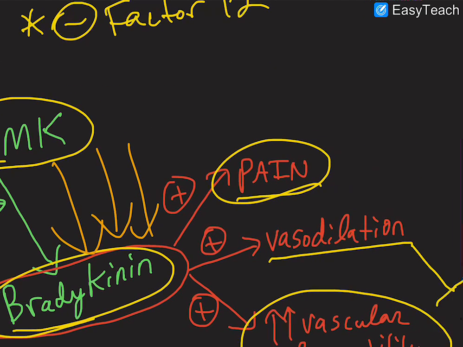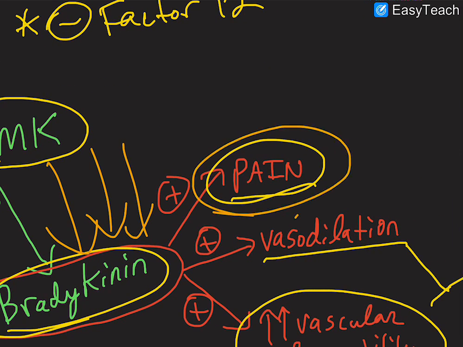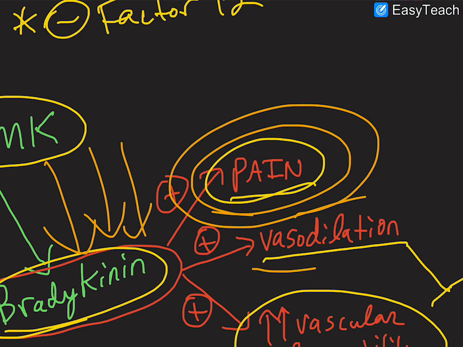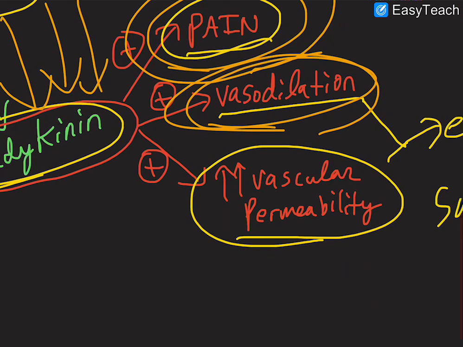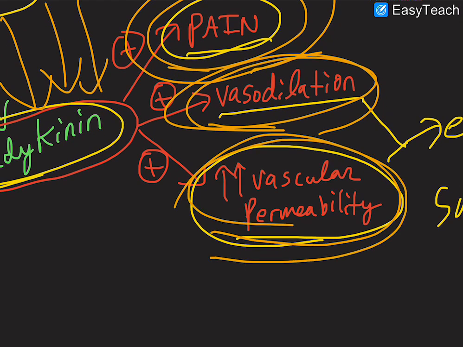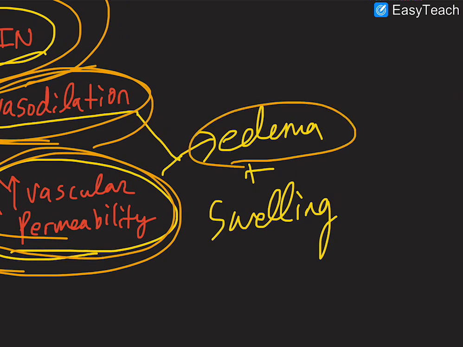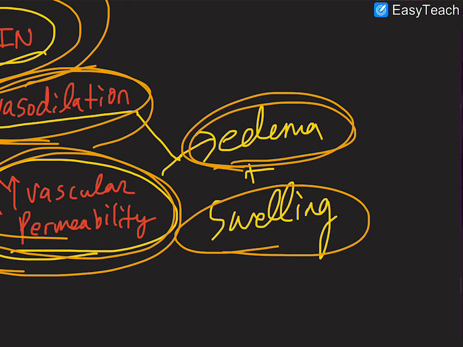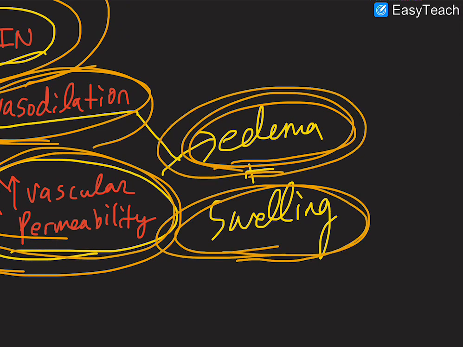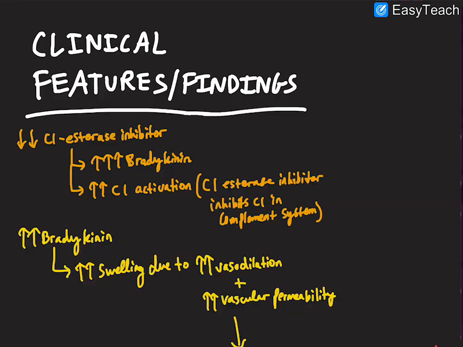That means much more pain, much more vasodilation, and much more vascular permeability, leading to much more swelling and much more edema. That's basically what happens in C1 esterase inhibitor deficiency, or hereditary angioedema.